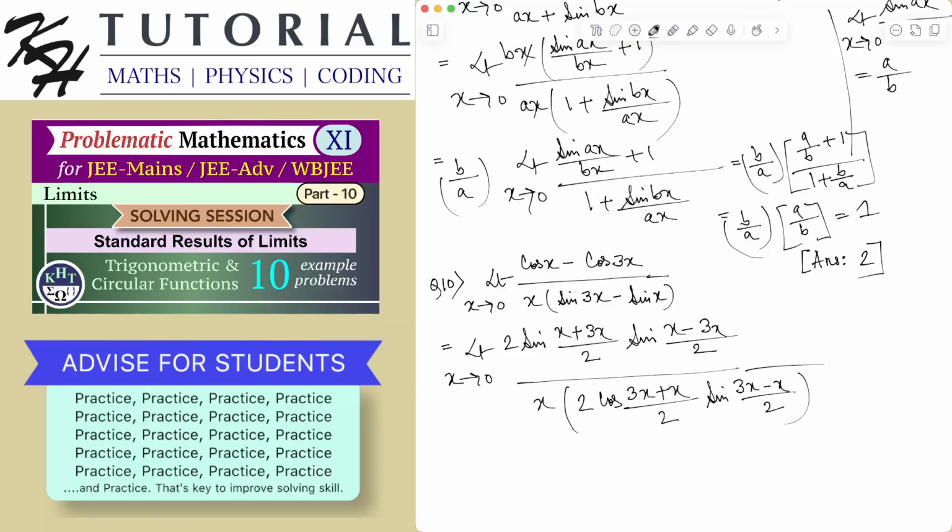Cos A minus cos B. Okay, so it is cos A minus cos B is negative of 2 sin A plus B by 2 multiplied by sin A minus B by 2.